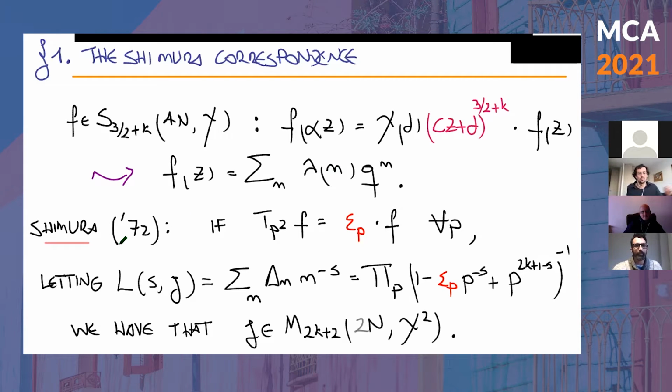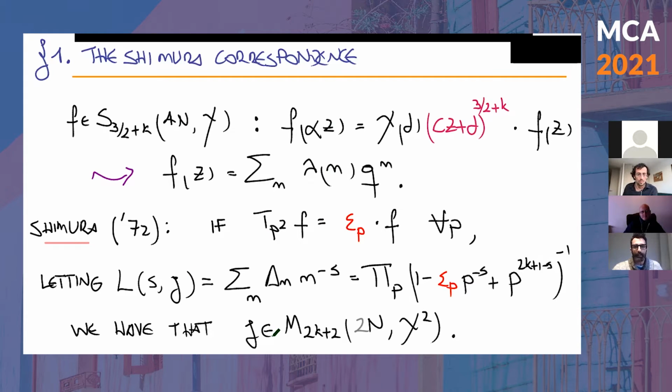What Shimura proves almost 50 years ago is the following. If you have an f as here, which is an eigenform of the Hecke operators with these eigenvalues, then he shows that these are actually the eigenvalues of an integral modular form.